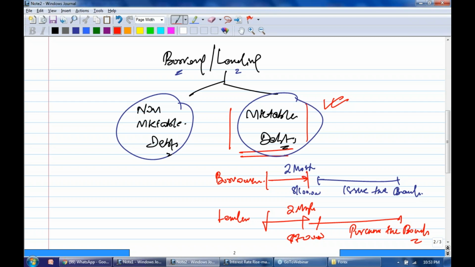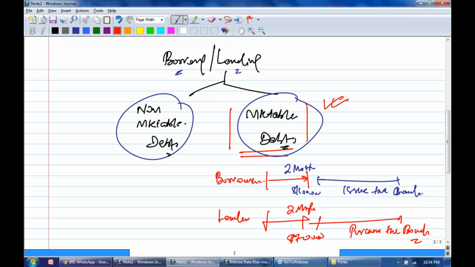As a lender, what is the risk? The lender has only one risk: interest rate will decrease. For example, today the lending rate is 5%. After 2 months, you will get the money. You have a risk that the interest rate may drop from 5% downward, to 4.36%, 3%, whatever.